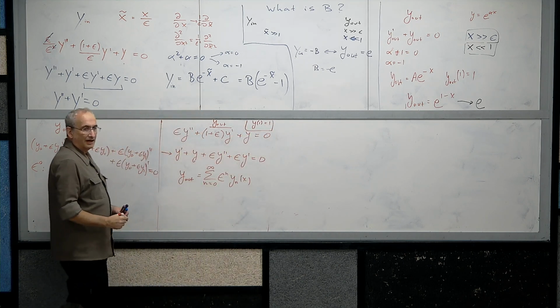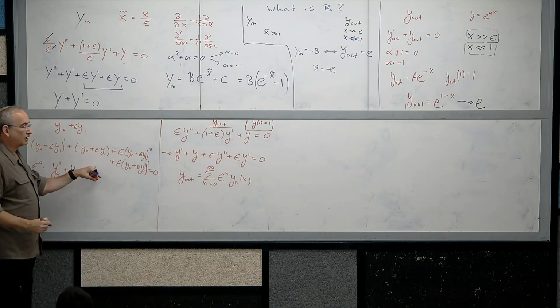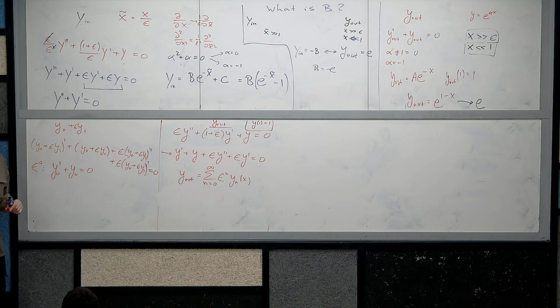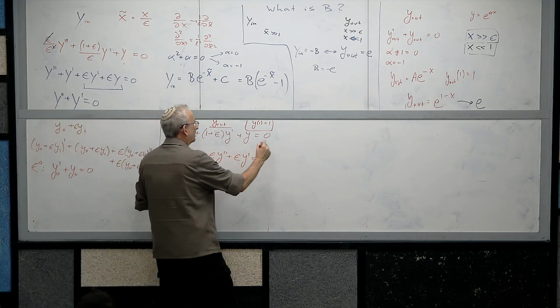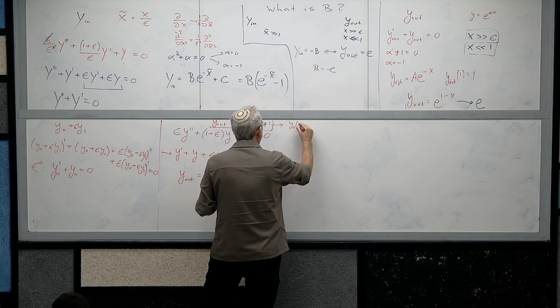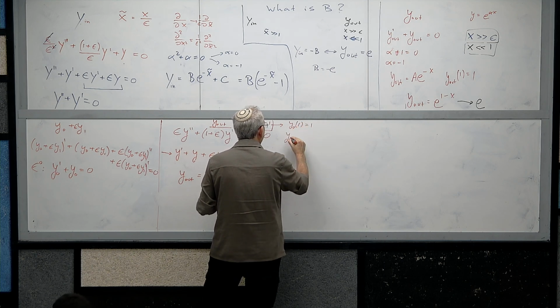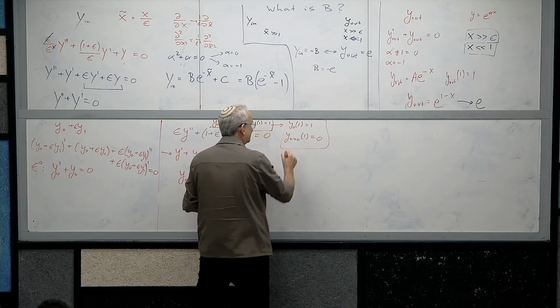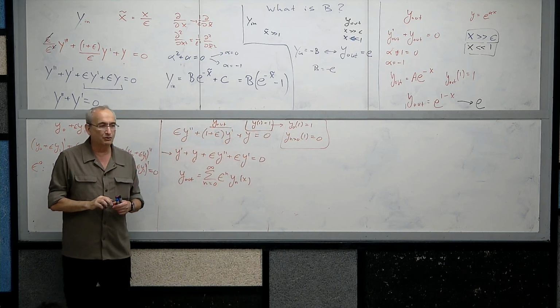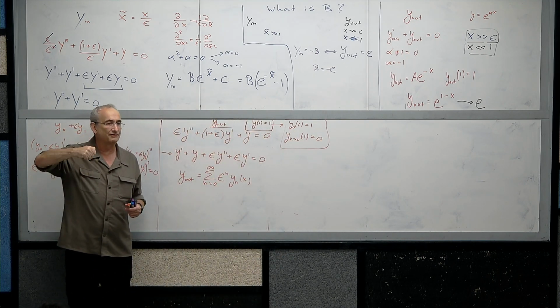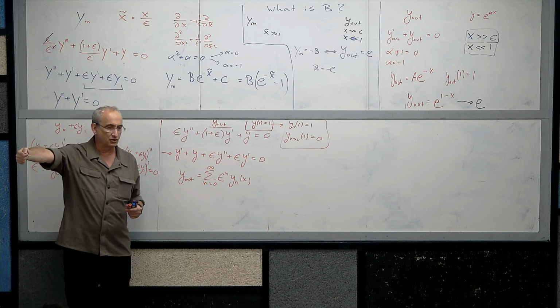As I reminded you last time, I put the boundary condition only at the zeroth order, and at all the other orders I replace it by y0 of 1 is 1 and yn of 1 is 0 for n larger than 0, right? I'm always putting the boundary condition at the leading order in the perturbation theory.